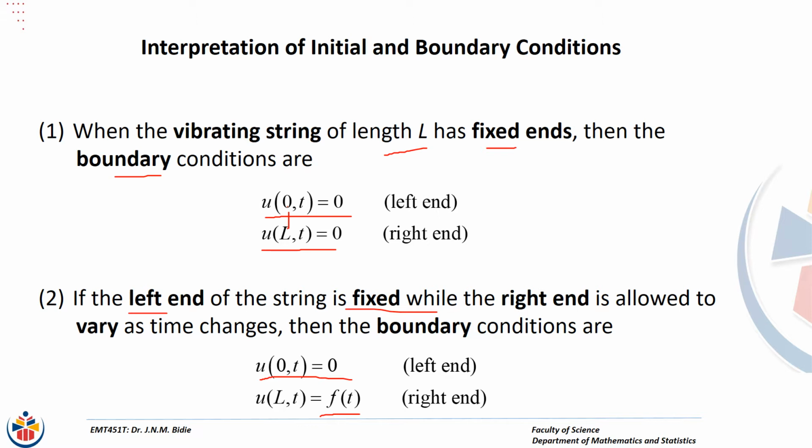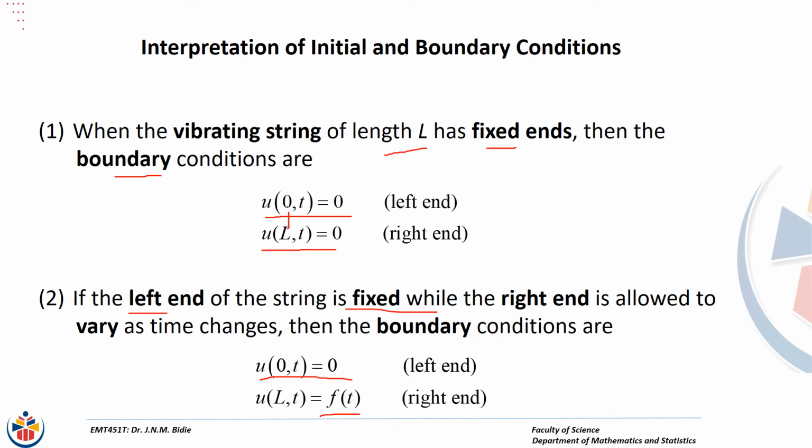So note that it could be f of t, or it just could be 1 or 2. It could be constants. So it might not necessarily just be a function of time, but we wrote here f of t, noting that f of t can be a constant, can be a polynomial, can be an exponential function, or can be a trig function.